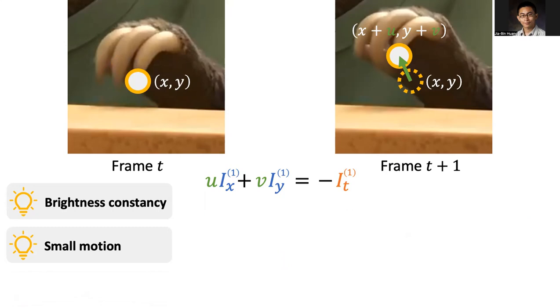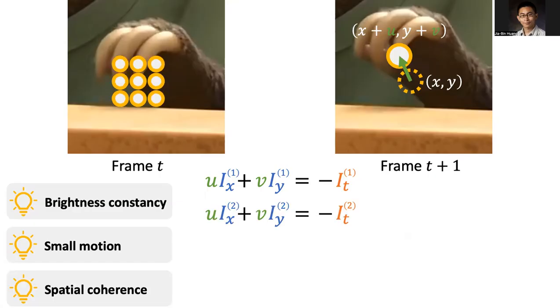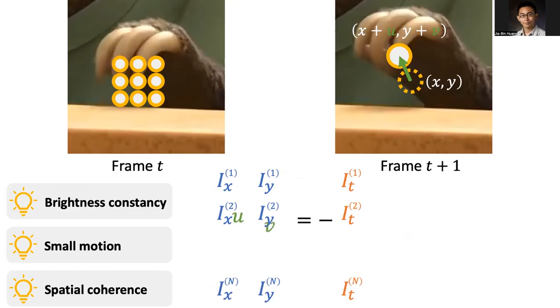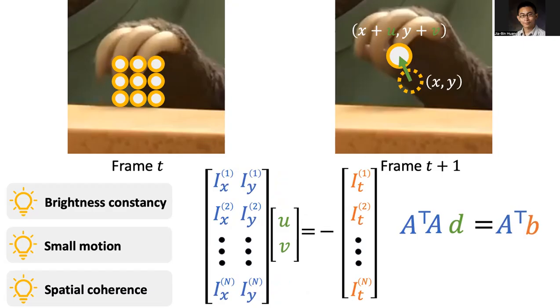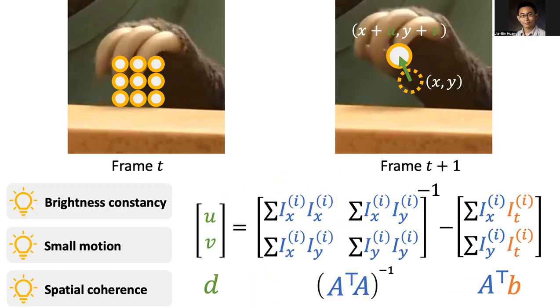Because you couldn't pinpoint a point, you don't know what the u and v values are, since all the points on the line are also solutions. So there's ambiguity, and you need to resolve that ambiguity using this assumption. Then you can formulate it as a least squares solution and solve it.